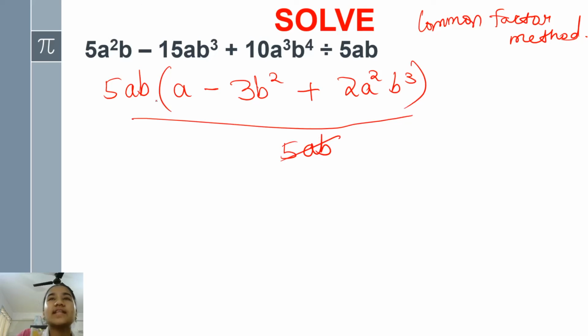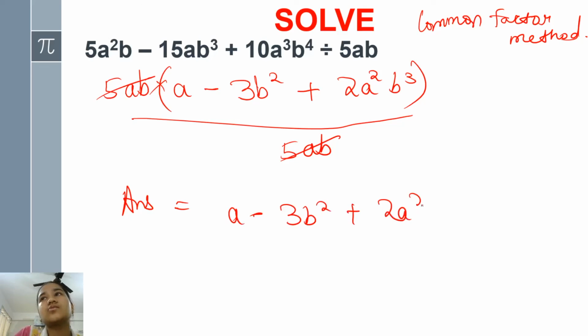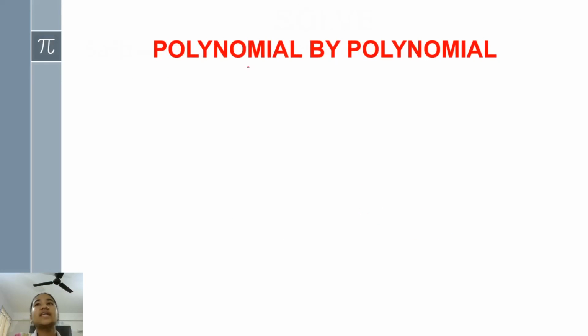Now you can cancel these because here there is a multiplication sign, so that's why you can cancel it. If it was a plus or minus sign, then you cannot cancel it. Okay, so your answer is equal to a minus 3b square plus 2a square b cube. So we are done with polynomial by monomial also. I hope you enjoyed it. In the next session, we'll be learning polynomial by polynomial.